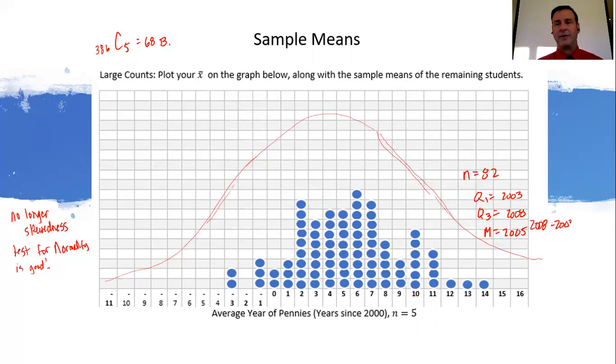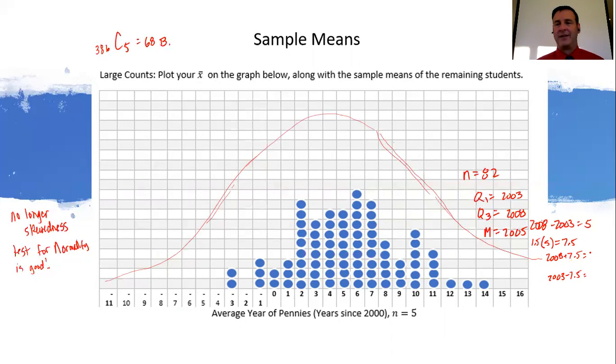Second thing, you could do an outlier test for this, and your Q3 is 2008 minus Q1, which is 2003, you get 5. Multiply that by 1.5, and you get 7.5. And if you add that to Q3 and subtract it from Q1, you're going to get an upper and lower fence that is more than satisfying to show that we don't have outliers.